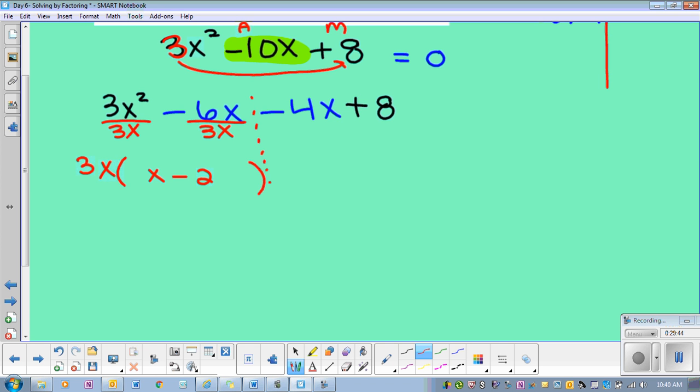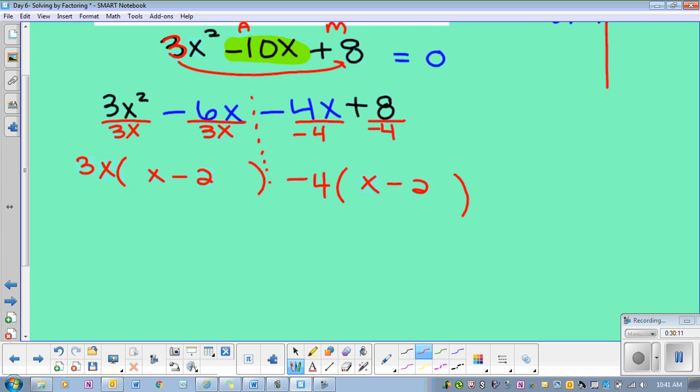How about on the right-hand side? Guys, what is this starting with on the right-hand side? Negative. Bring the negative down. And then 4 and 8. 4 for GCD. Good. So divide everybody by negative 4. x what? Negative 2, because of plus 8 divided by negative 4. It matches.